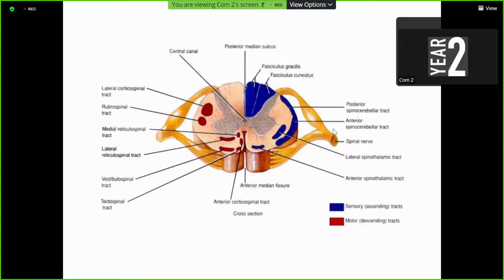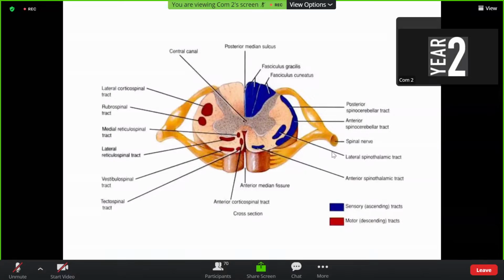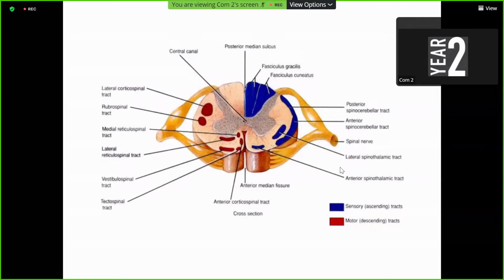So fine touch, which is two-point discrimination, vibration, and conscious proprioception, the positioning sense with eyes closed, that your finger is up or down or your toe is up or down. This positioning sense of your joints with your consciousness is the function of the dorsal column tract.